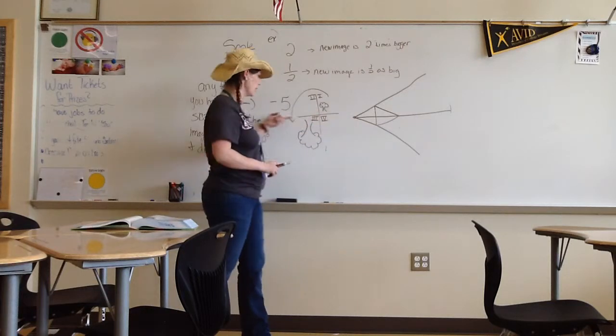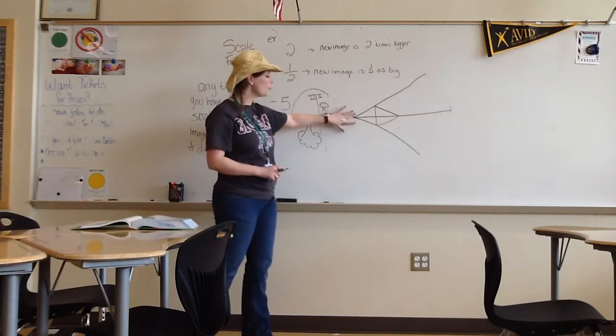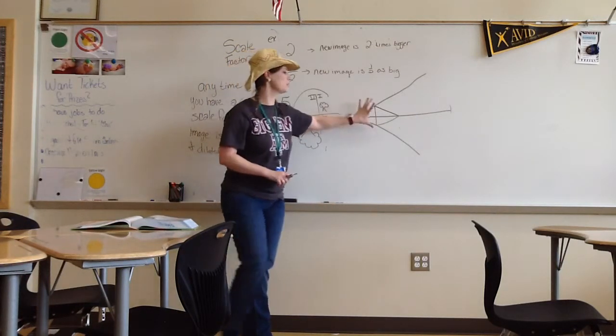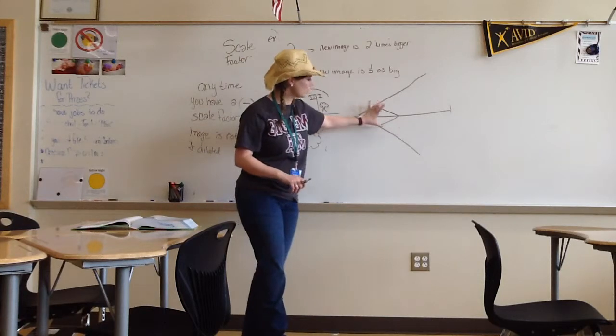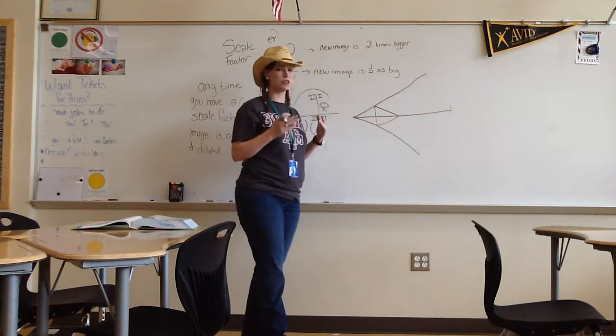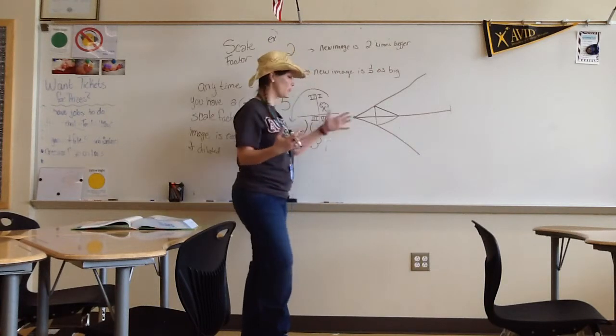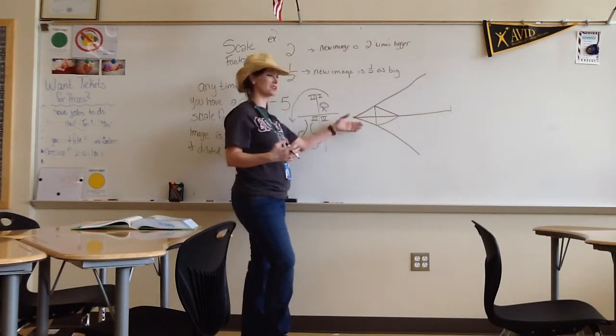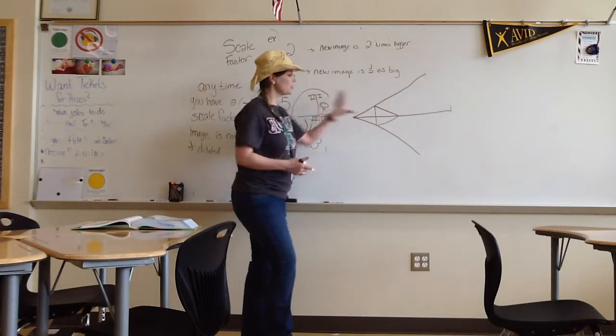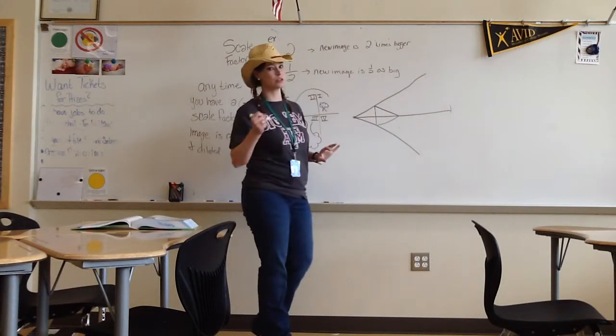I could have put it here. I could have put it way out here. The whole purpose of the center of dilation is to make sure that all of your angles are exactly the same so that your figures end up similar. It's just a guide. It's not really important how close it is to the triangle, as long as it's outside the triangle. And notice I extended all my lines, and you should have used a ruler, but I did not.